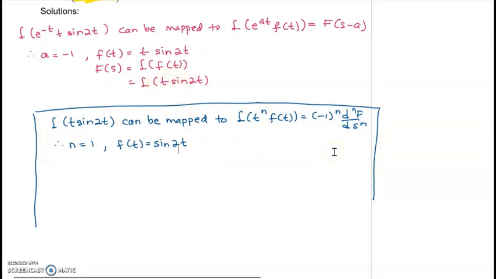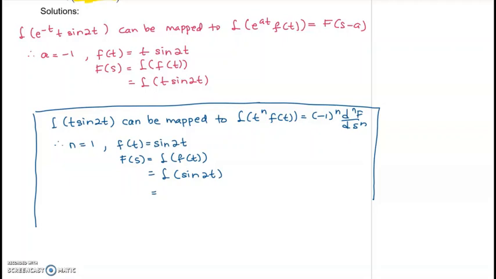In order to get the derivative here, first I need to know my F(s), according to the function in the box only. So F(s) is the Laplace of f(t), which is the Laplace of sine 2t. Based on the table of Laplace, you can refer to sine at.